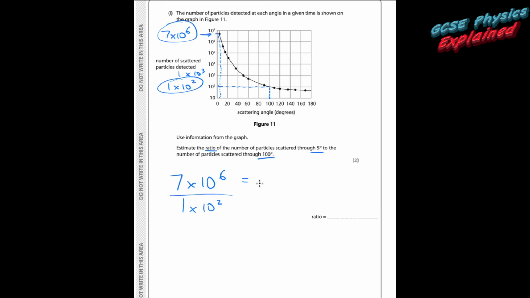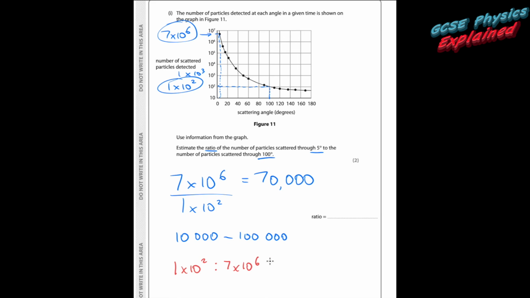And that equals 70,000. Now they will accept any number between 10,000 to 100,000. Now the other way you could do it as a ratio is you could just do 1 times 10 to the 2 to 7 times 10 to the 6.